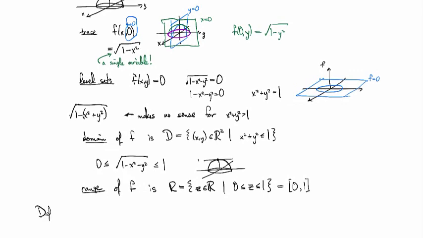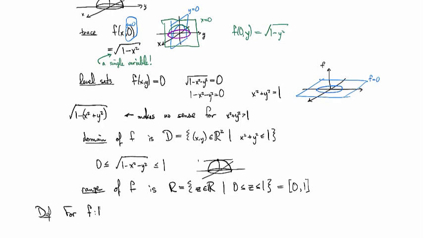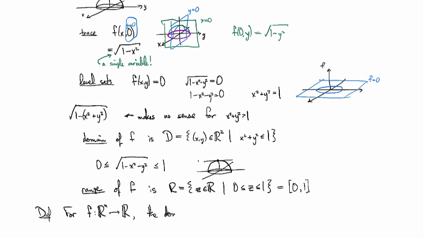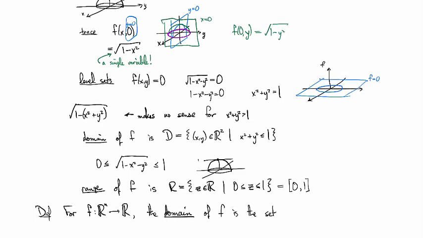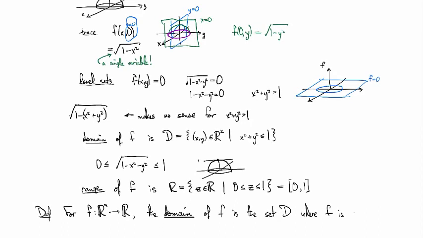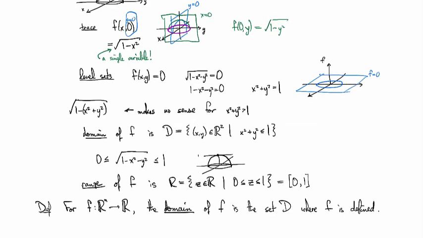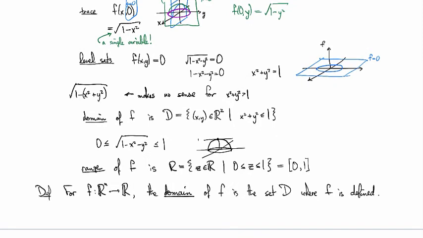Okay, so more generally, for the definition, we have that for some function from Rn to R, the domain, so now I'm writing the official definition. The one I gave you before was just an example specific to that function, right? The domain of f is the set D where f is defined. And is defined, that might be because I tell you that's where it's defined, or it might be just because that's the only place where it makes sense.